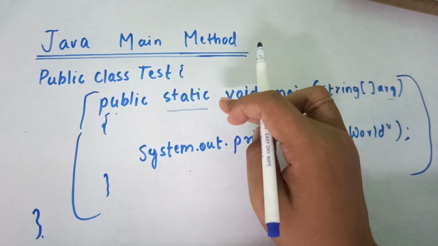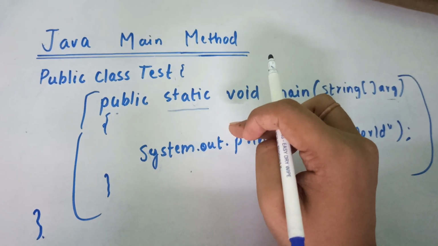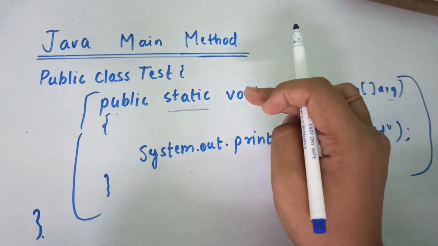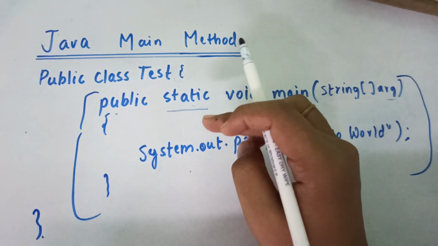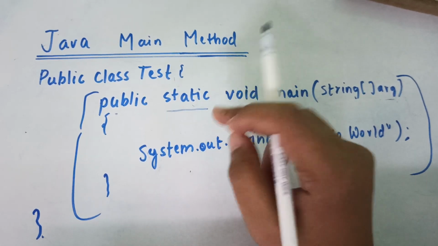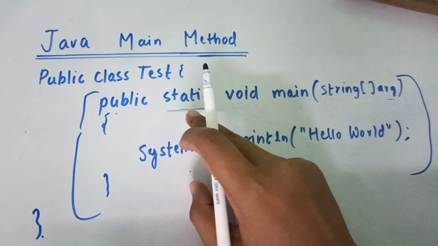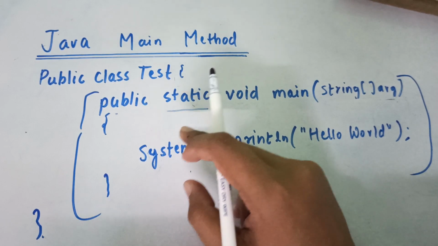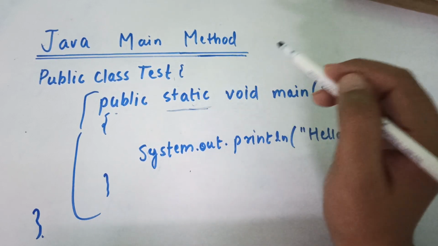If you remove this static keyword, you will again face an error, and this time it will say that the main method is not static. So you have to keep this method static.